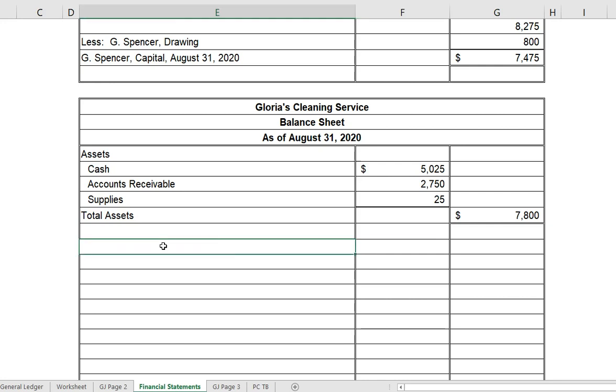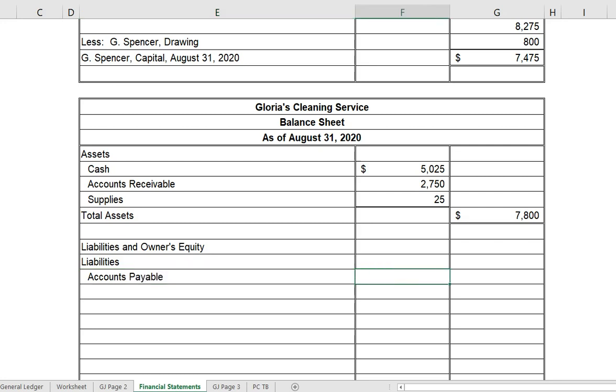Now we're going to skip a line, and we are going to do the liabilities and owner's equity section. Okay, so our first part of that is the liabilities, which is our first one's accounts payable.